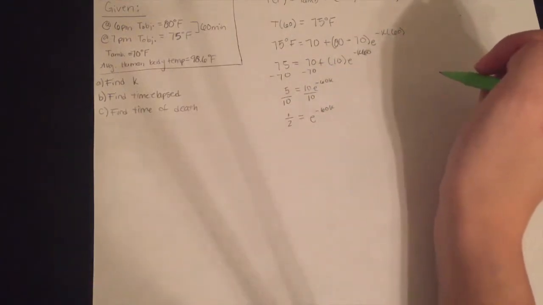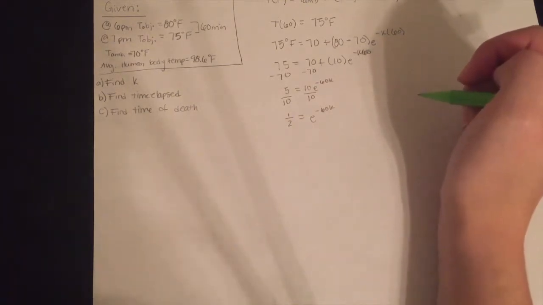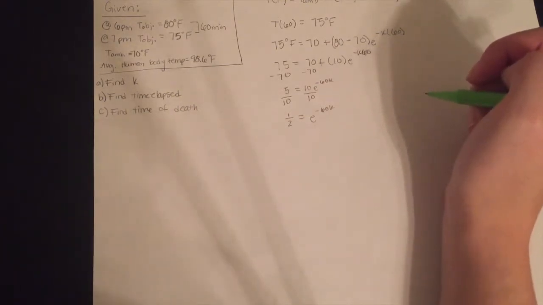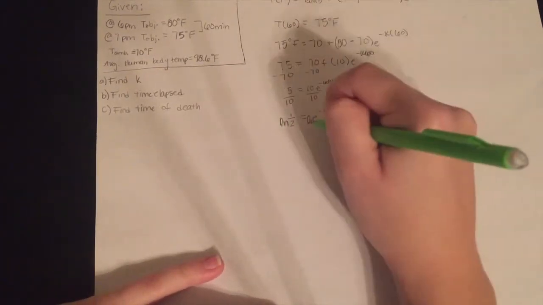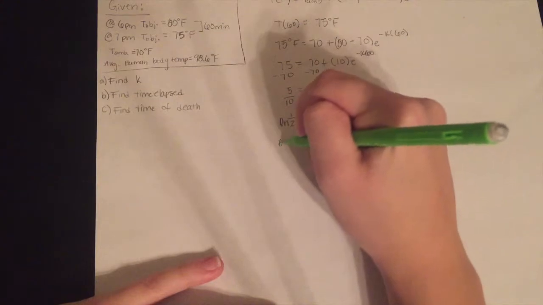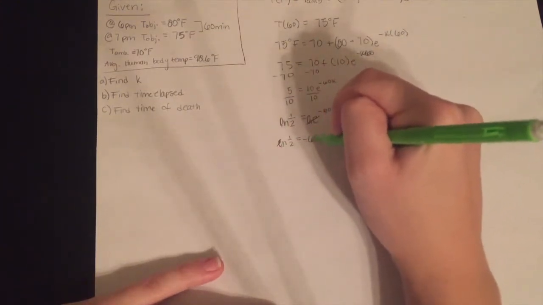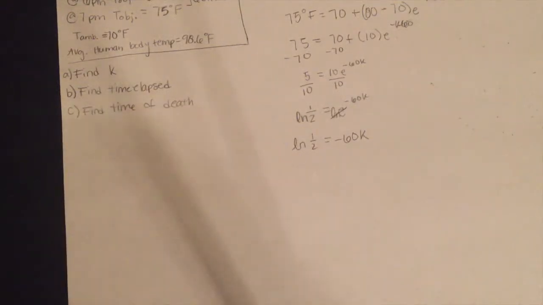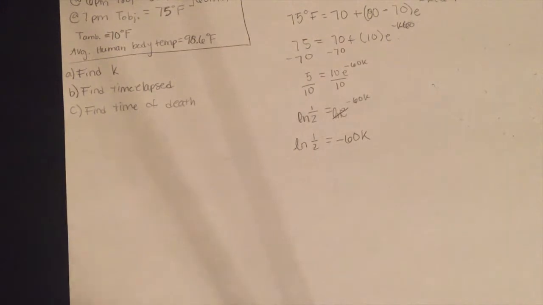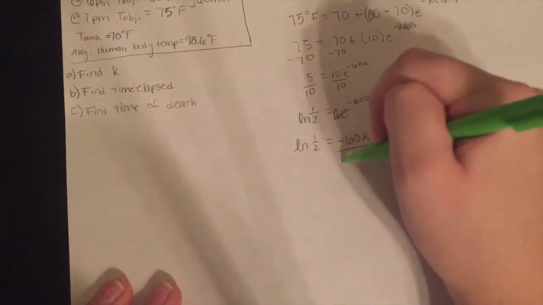And to get rid of the e, we have to take the natural log of each side, because natural log and e are inverses, so they cancel each other out. So ln of each side, and so that's going to cancel out. So then natural log of 1/2 is going to equal negative 60k. So next we have to divide the natural log of 1/2 by negative 60.